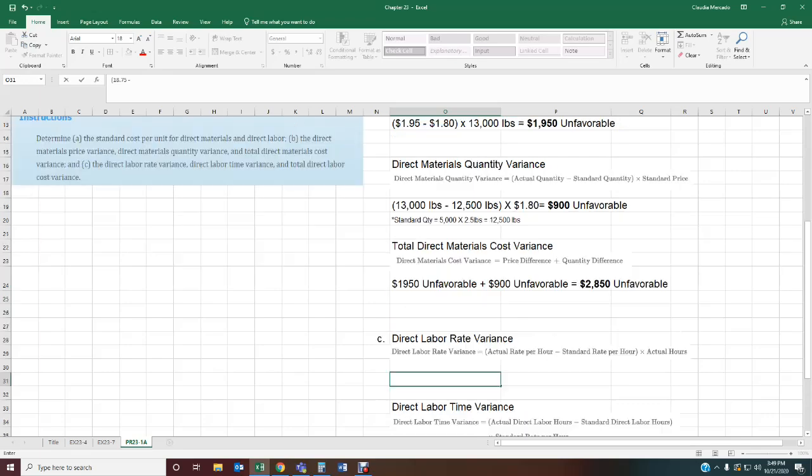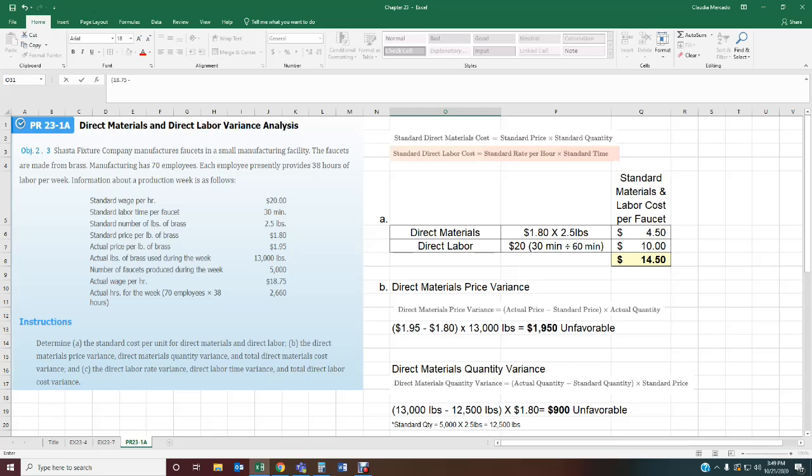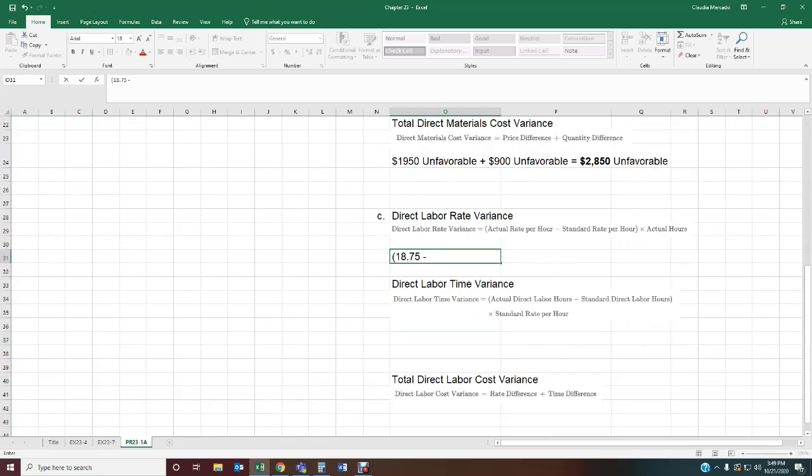Minus your standard rate per hour. My standard wage per hour is $20. So I'm going to subtract $20, and then close parentheses. And then I'm going to multiply times the actual hours.